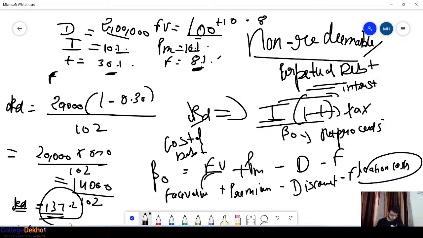So that is the one scenario that you need to understand in this case as well. So this was the case when we talk about your non-redeemable debt. Understood?